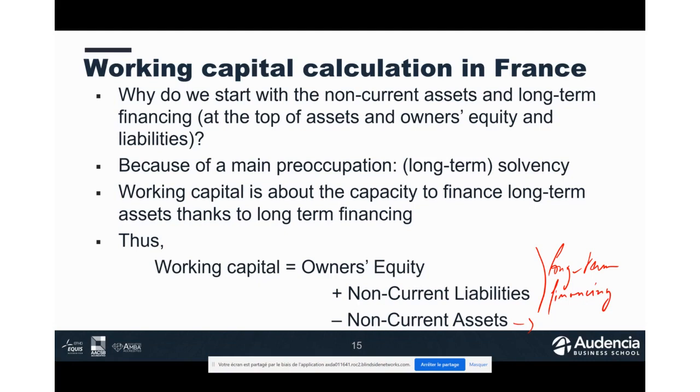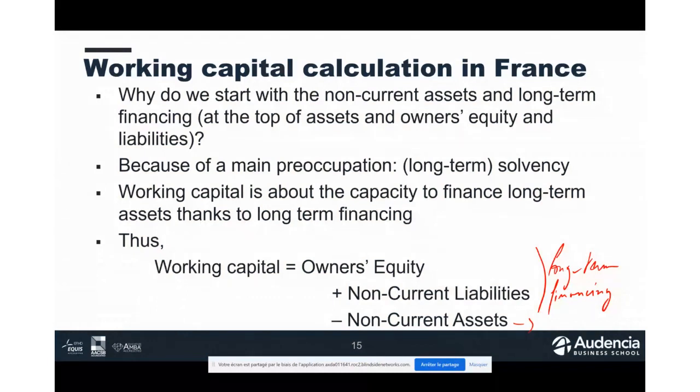So the working capital here, it's a different perception. We want to know if we have enough long-term financing in order to finance the property, plant and equipment, intangible assets, and so on. So it's a perspective of the bank.